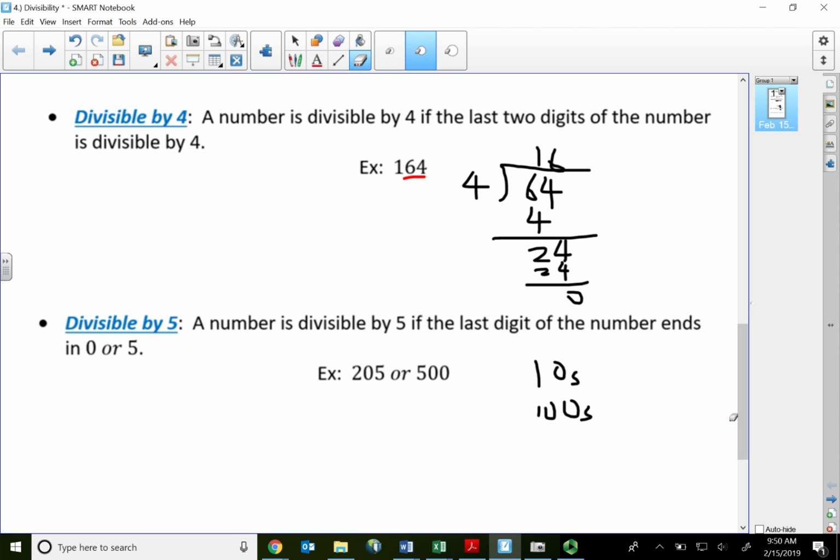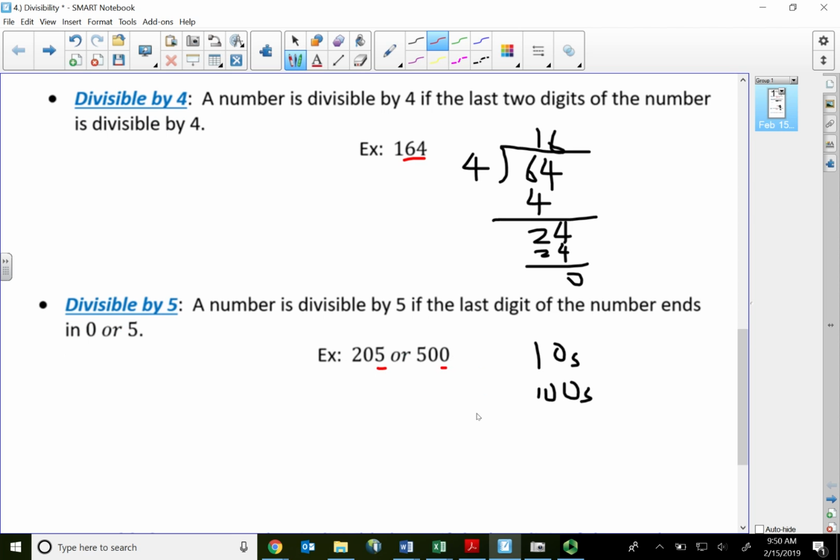I just want to point that out real quick for everybody. Divisible by 5 says only look at the last digit. It's got to end in 0 or 5. So 205 ends in 5, so 205 is divisible by 5. 500 ends with a 0, so 5 can definitely go into 500.